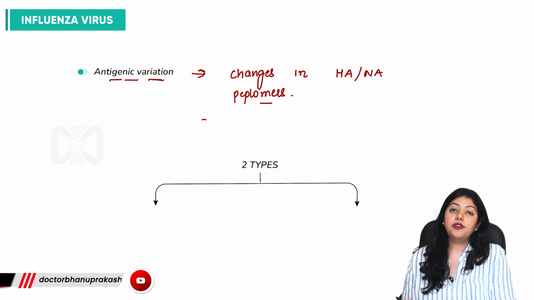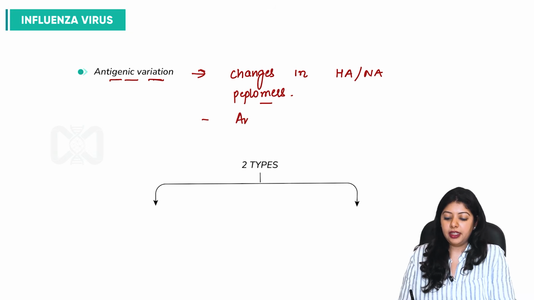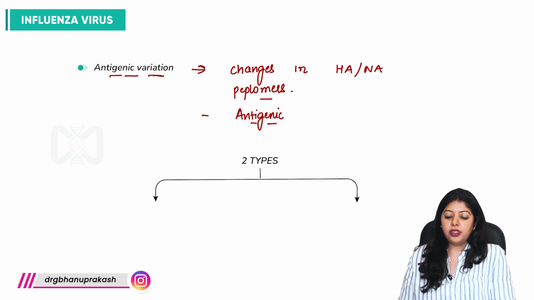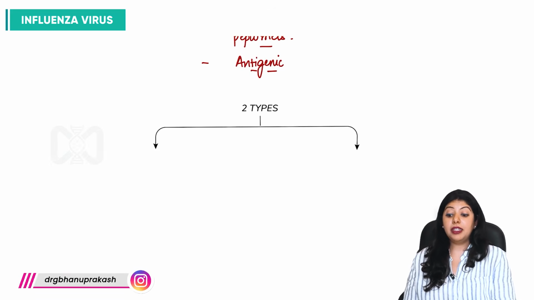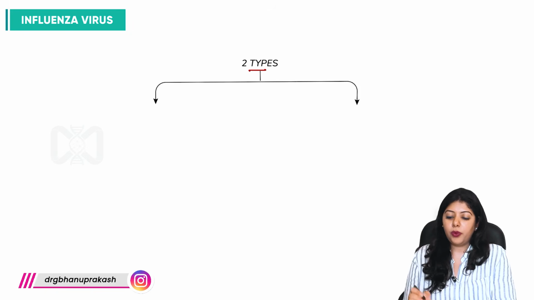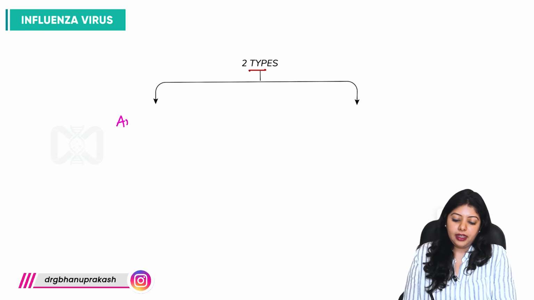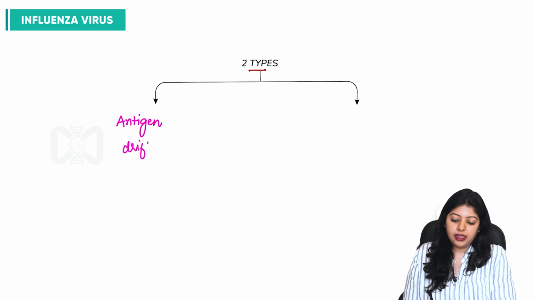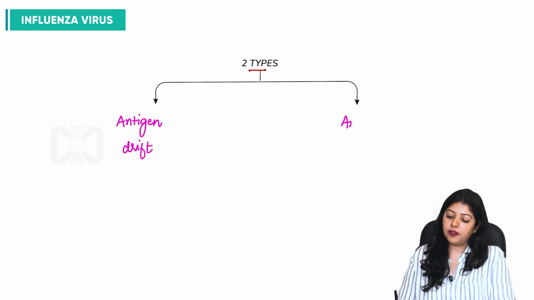And what kind of changes are these? These are antigenic changes. So these antigenic variations can be classified into two types: one is antigenic drift as well as antigenic shift.